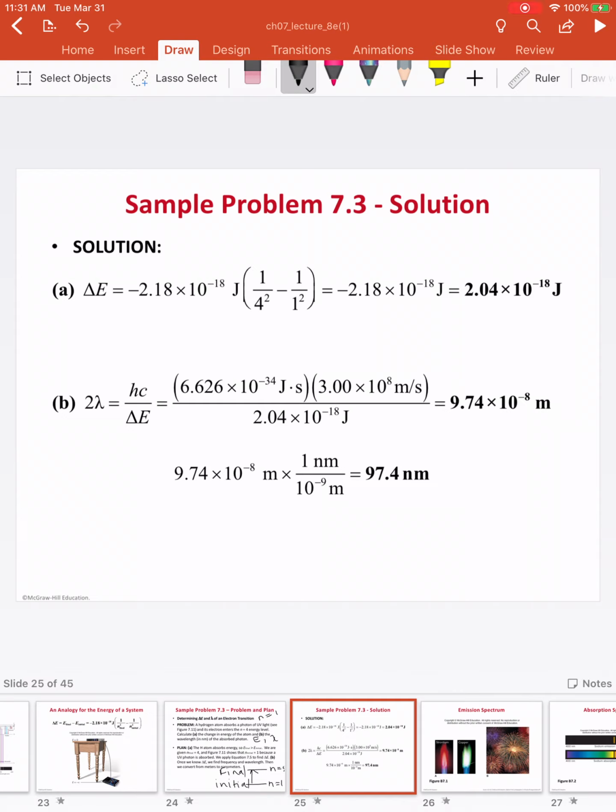Let me do this calculation here. 1 over 16 is 0.0625, minus 1. This part right there in the bracket.